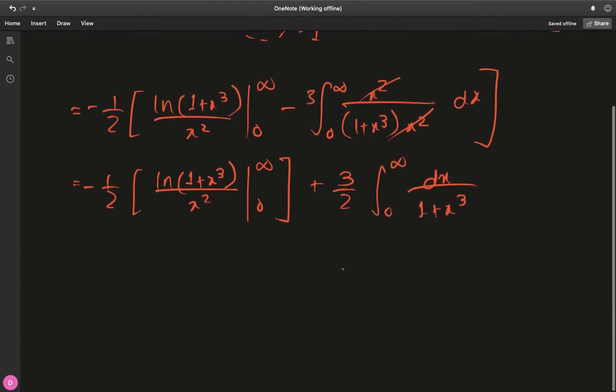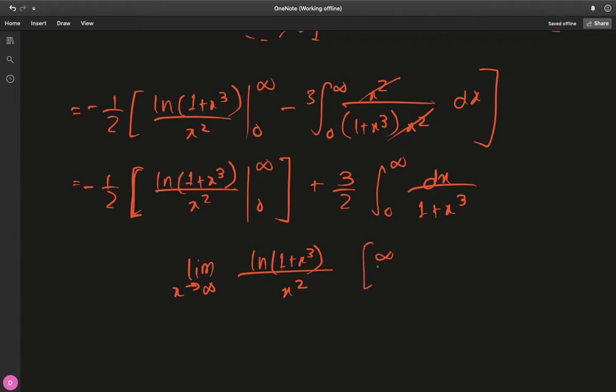Now the challenge here is tackling this function at infinity and 0. So I'm going to do that quickly. We have the limit as x tends to infinity of natural log of 1 plus x cubed divided by x squared. Notice if you plug in infinity, the natural log of infinity is infinity and infinity in the denominator.